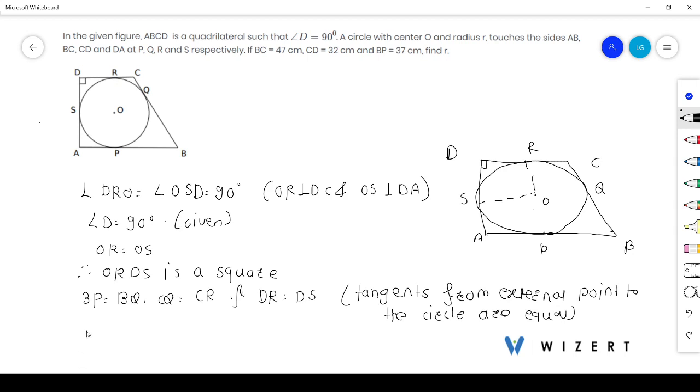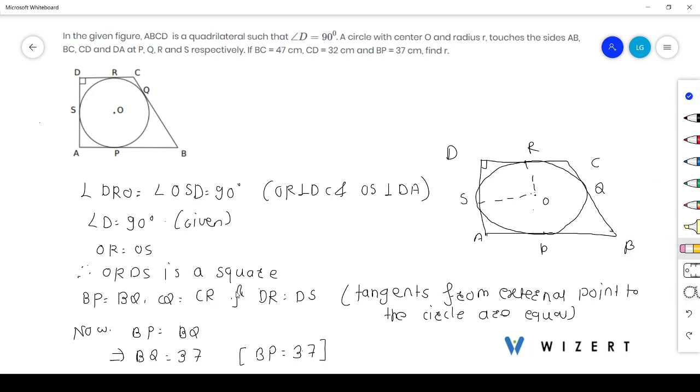So now, BP equals BQ. So BQ is 37, because BP we have given that BP is 37. So BQ will be 37.